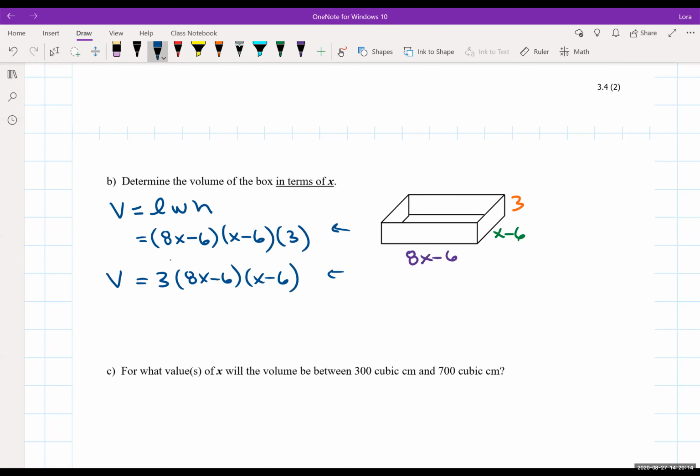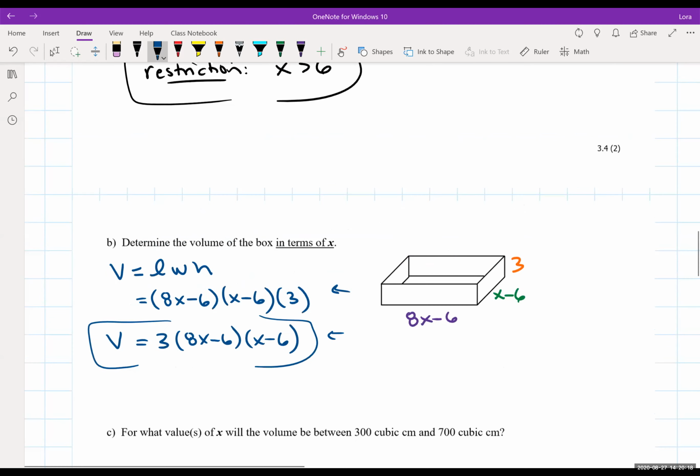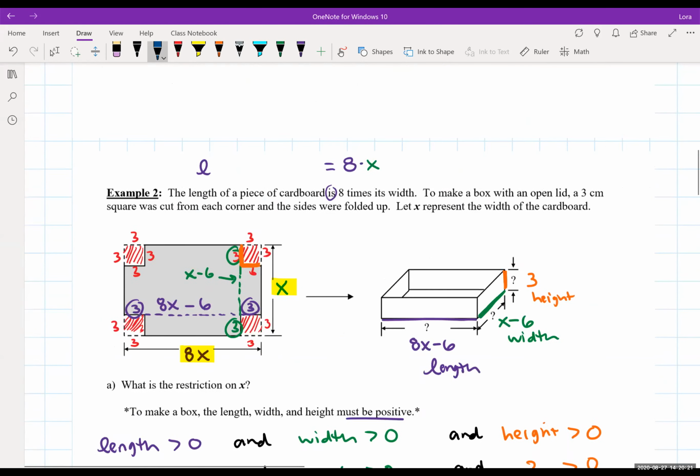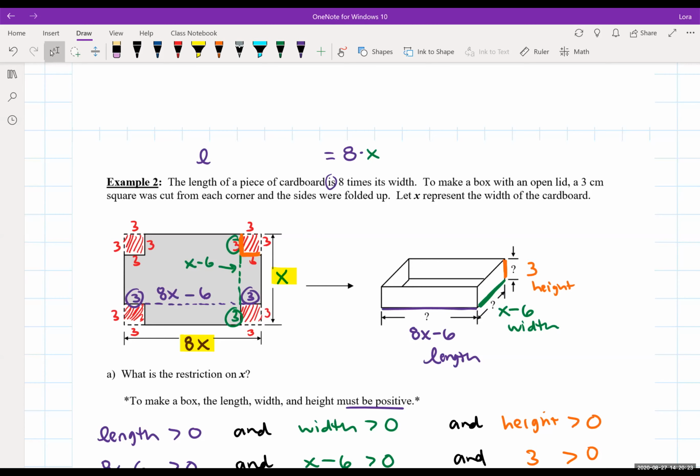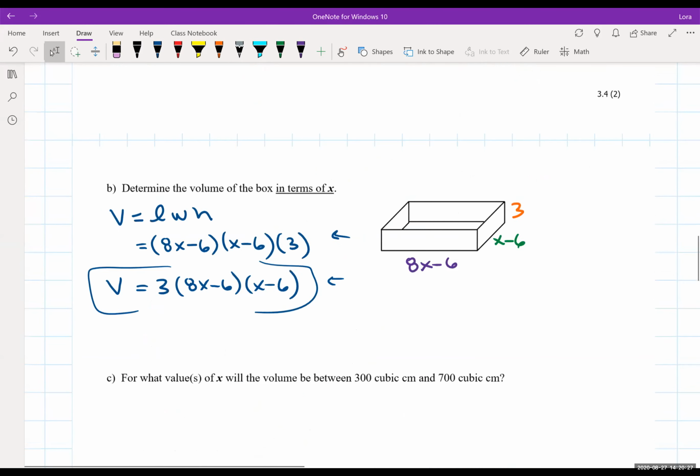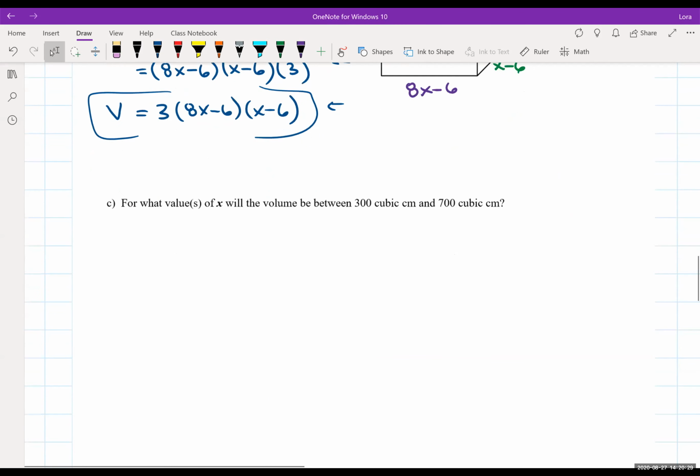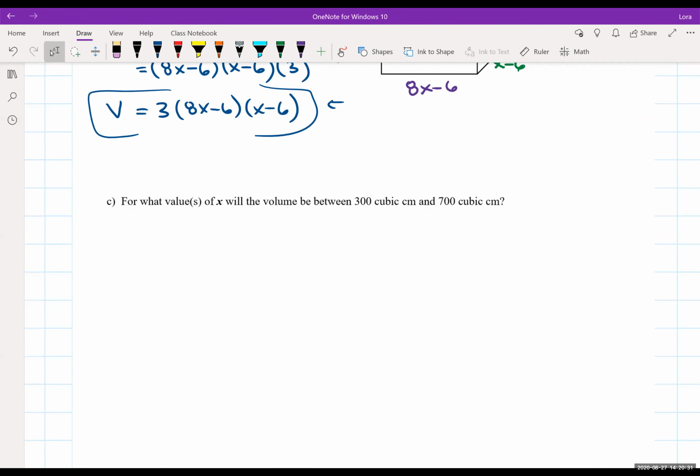So we got part B down, length times width times height. And really the hardest part of everything is always coming up with the dimensions. So it does take a little time to go through this. Now that we have an expression for volume, they're going to ask us a question about volume.